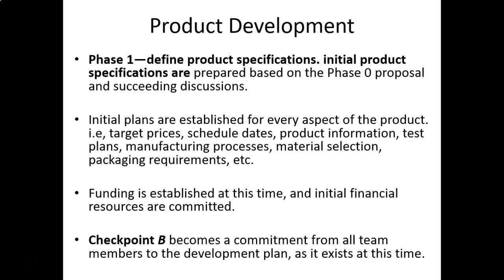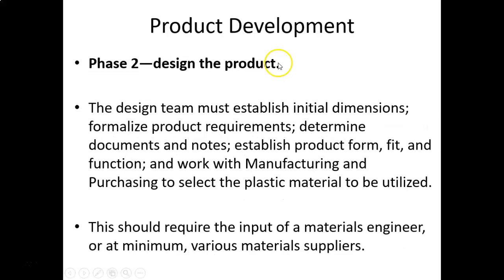Okay, plastic material to be used, whether thermoplastic, semi-crystalline, or amorphous, thermoset or thermoplastic reinforcement. Okay, what types of fabrication processing, the maximum production rate. Okay, they also want to consider the safety or minimum weight. So during phase 1, they will reach checkpoint B, which becomes a commitment from all team members to the development plan as it exists at this time.